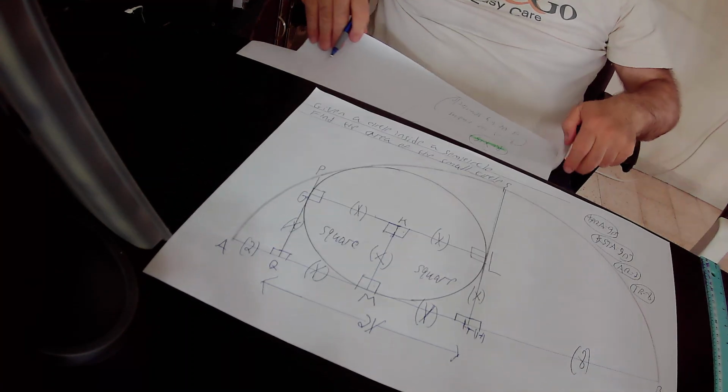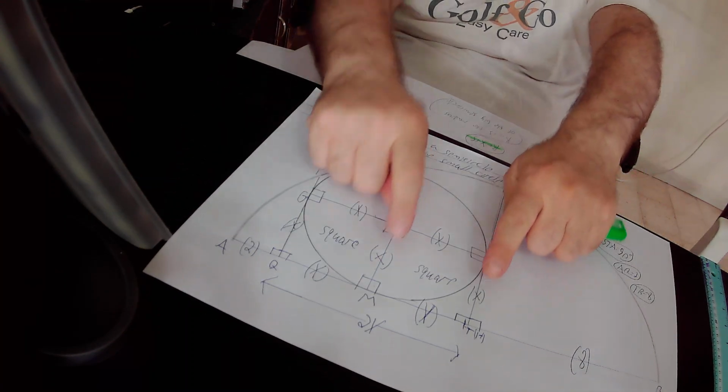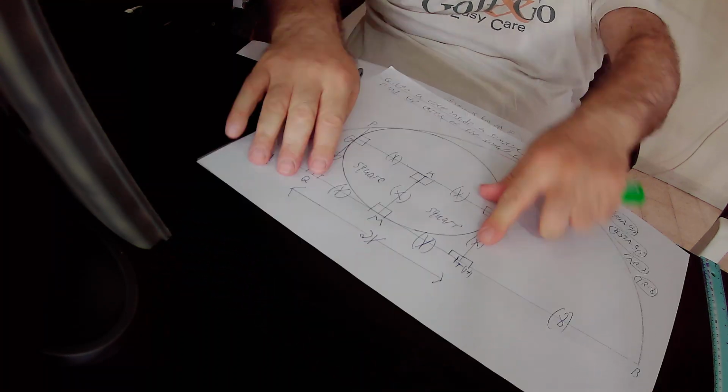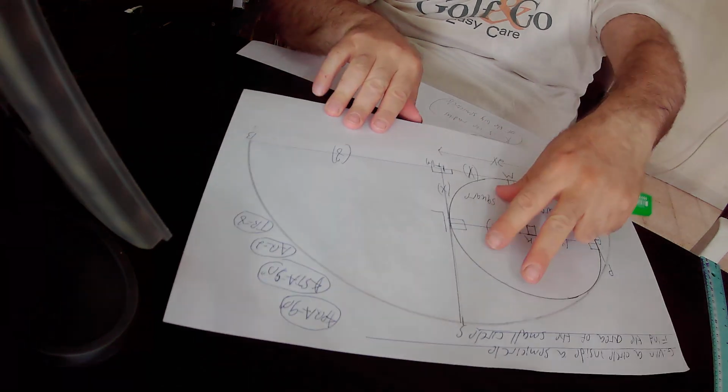In the next step, we'll find out the length of the missing side.